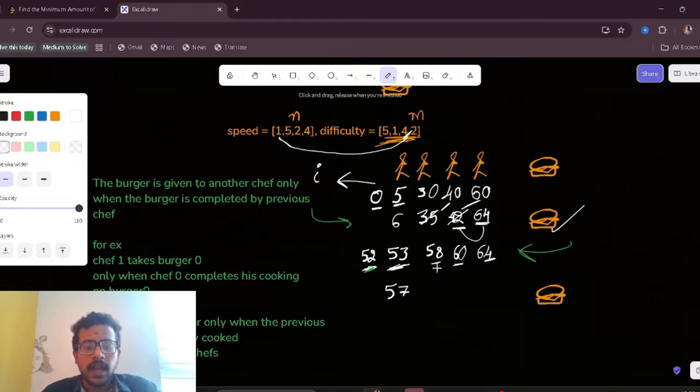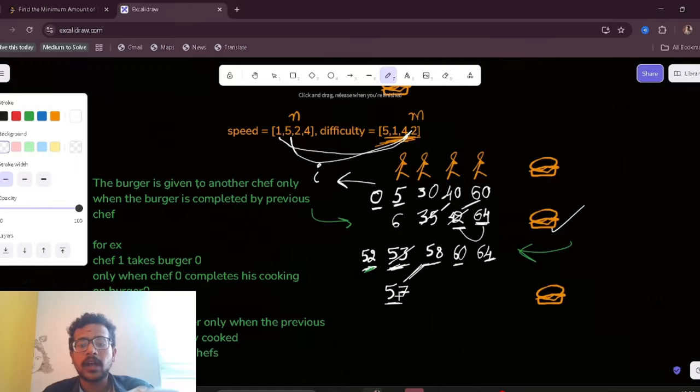Now, if I add 4 into 5, 20, to 58, but remember, I only add to the maximum. The maximum from these two is 58. So, chef 1 completed his work at 58.